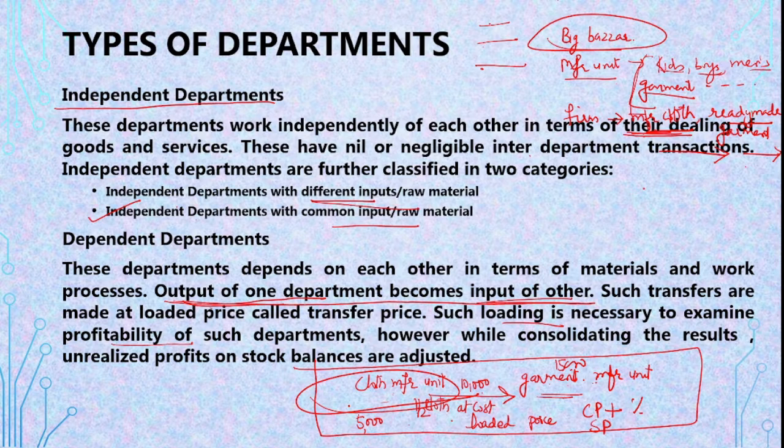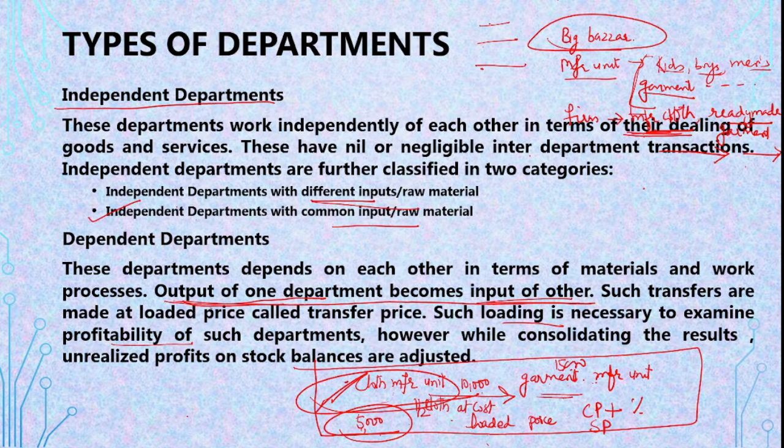You recorded it, you entered it. Now when you combine the two businesses, separately we know this is essential because we need to determine the profitability of the clothing unit, which is now 5,000. But when you combine the two, suppose the garment manufacturing unit makes garments and they are not able to sell them in this year, so they carry this inventory to the next year. So when you combine the two, from the businessman's point of view, on the whole, this 5,000 of profit is not earned, because the product hasn't gone outside.